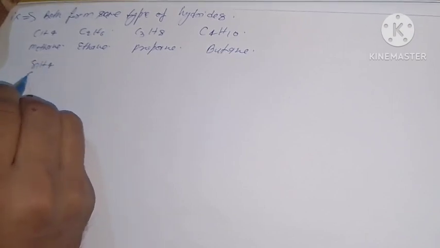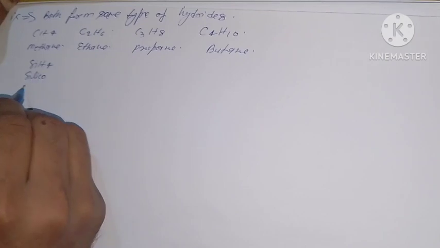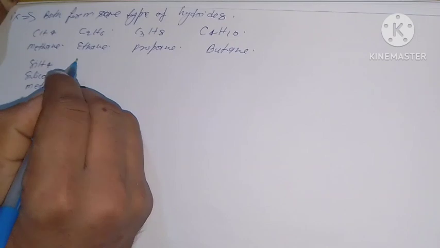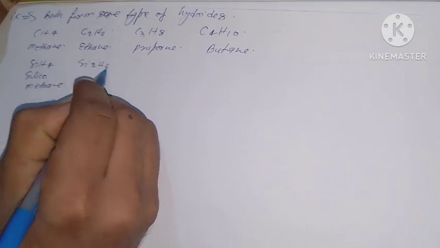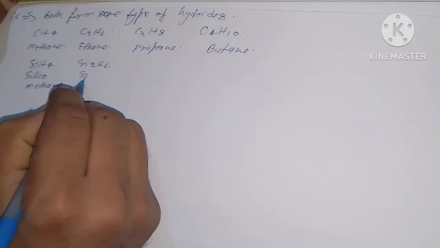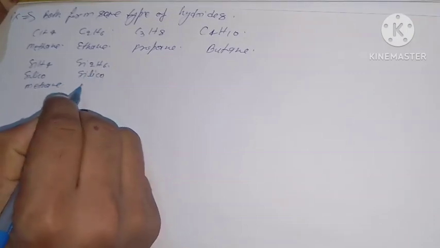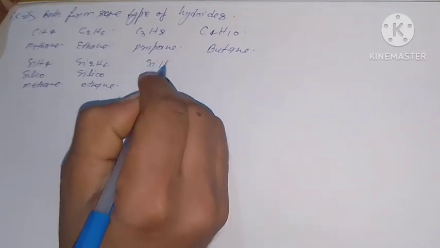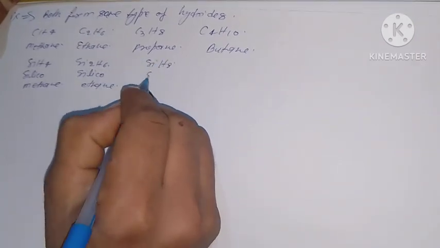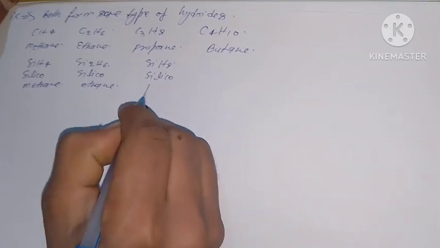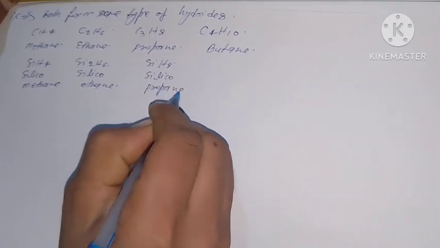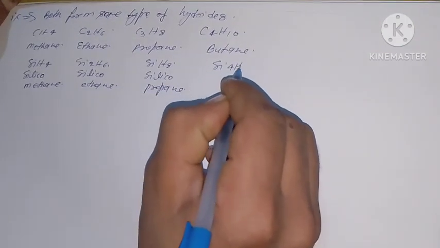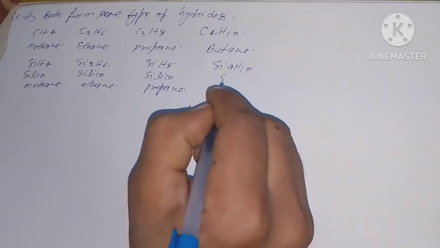The examples of silicon: SiH4, silicomethane; Si2H6, silicoethane; Si3H8, silicopropane; and Si4H10, silicobutane.